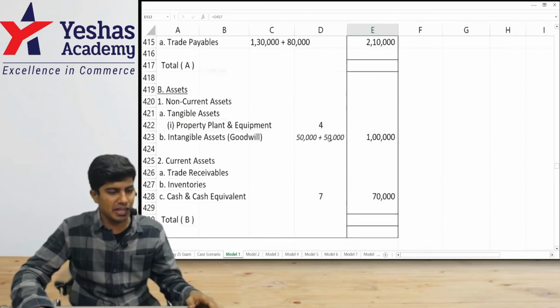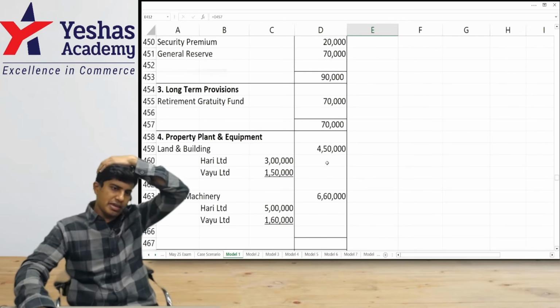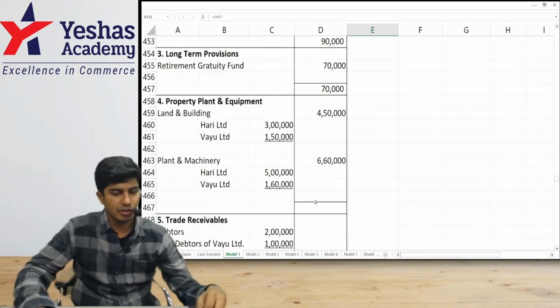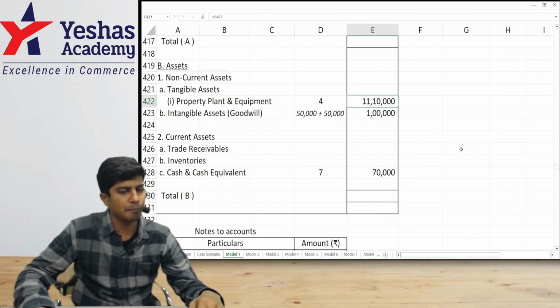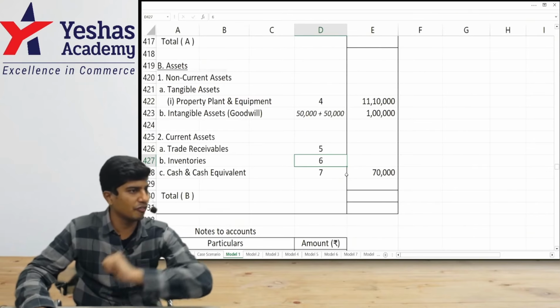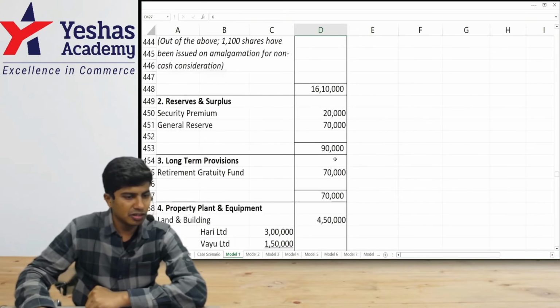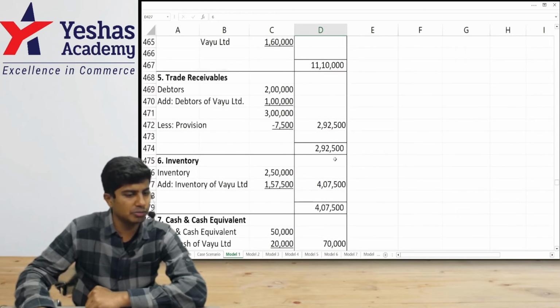Asset side we have PPE, 450 plus 660, 11 lakh 10,000. I'll write 11 lakh 10,000 PPE. Then intangible asset done. Trade receivables note number 5, inventory note number 6. Double entry. We'll write both of them at a time. Are you ready? We're going to lift two items together.